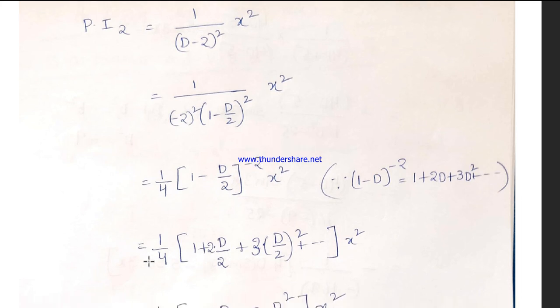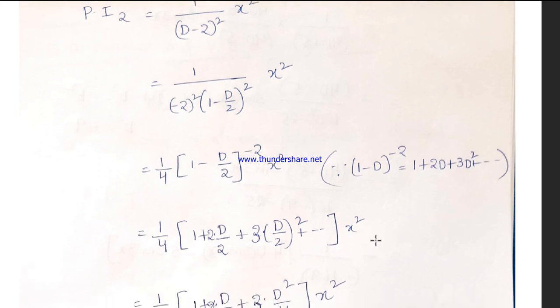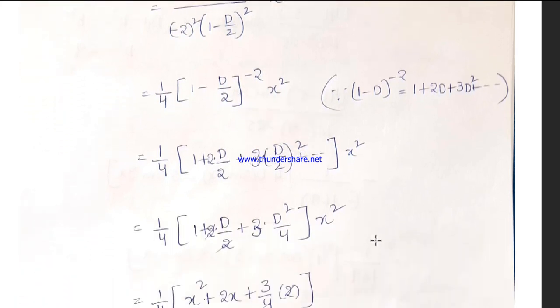So that is 1 by 4 into 1 plus 2D. So 2 into D value is D by 2, plus 3D square, 3 into (D by 2) whole square, plus so on, into x square. So now you can simplify first, that is 1 by 4 into 1 plus 2 to cancel, plus 3 into D square by 4, into x square.